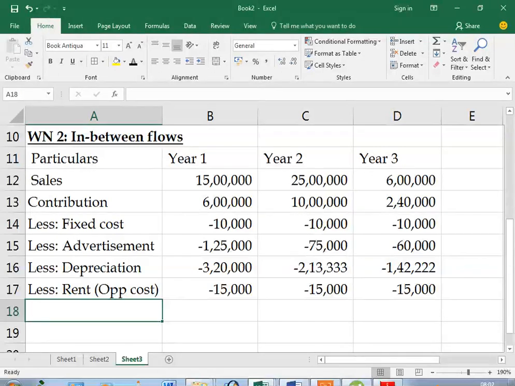Any doubts on this? Get PBT, less depreciation, less tax, PAT, add back depreciation, CFAT, do all of that.